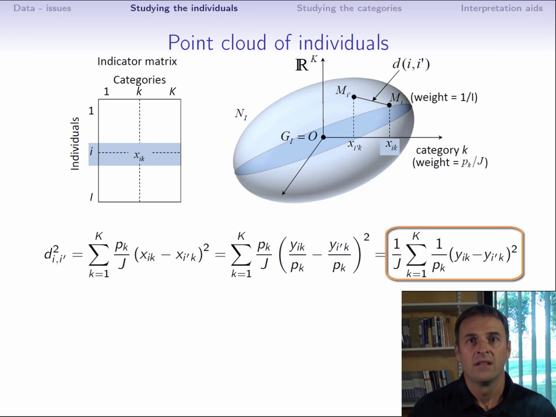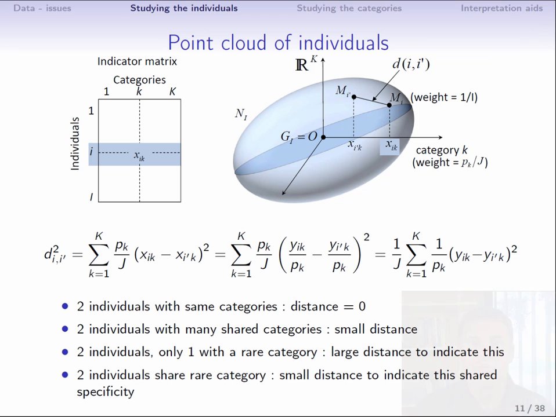We write this distance in this way when we are performing a multiple correspondence analysis as a correspondence analysis on the complete disjunctive table.